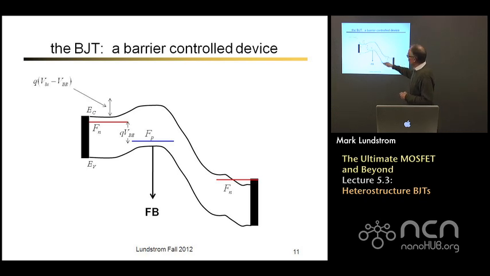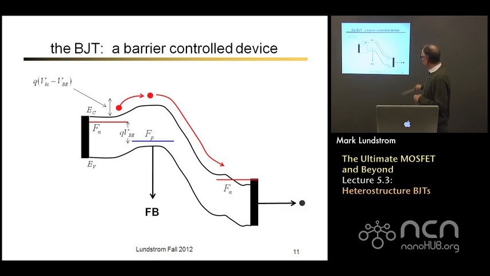That lowers the energy barrier, and it means electrons can hop from the emitter. That's why it's called the emitter. It's emitting electrons into the base. They diffuse across the base, and then they just flow downhill and go out to contact. That's our collector current, runs around the external circuit, comes back in the emitter to replace the one that we've lost, and that's how steady state current flows.